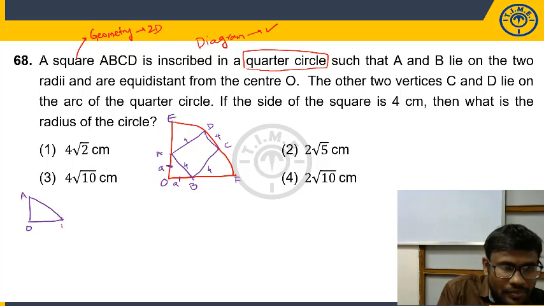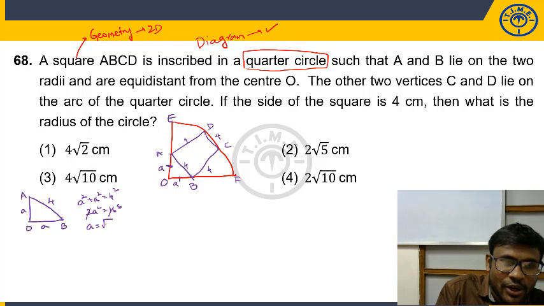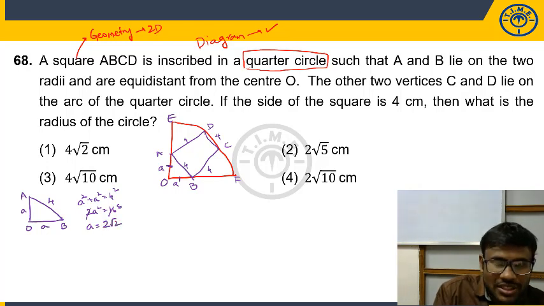So A and A and 4. So A square plus A square is equal to 4 square. So 2A square is equal to 16. So A square is equal to 8. So what is the value of A? Root 8. Root 8 is nothing but 2 root 2. So this side is 2 root 2.